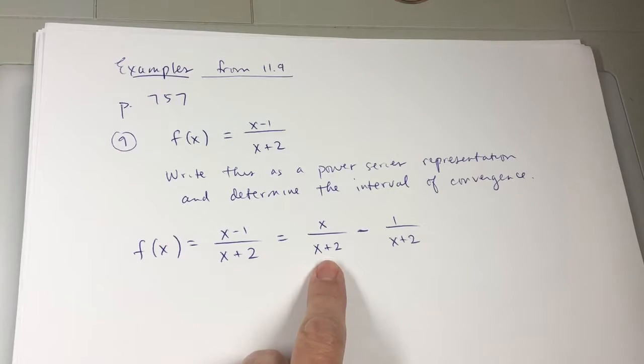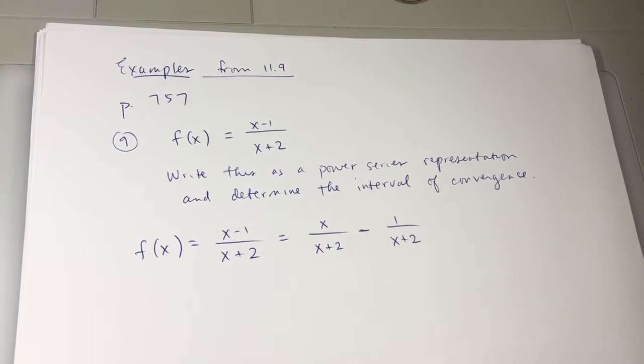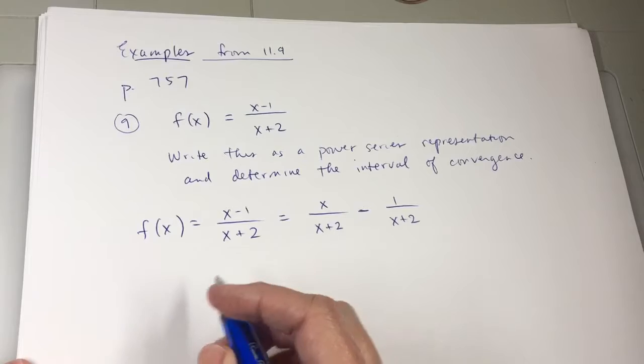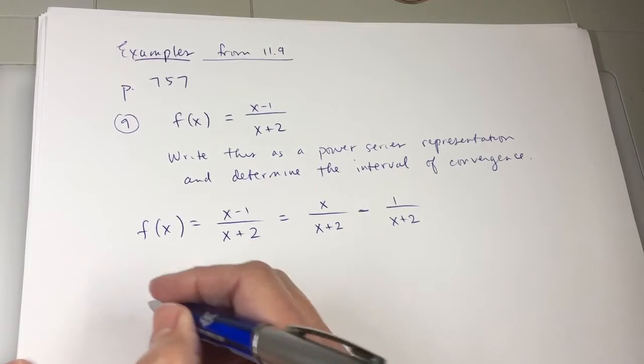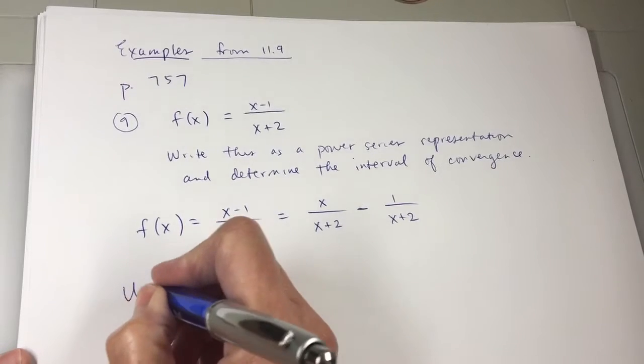So I want to write the first fraction as a power series representation, and I'll write the second one as a power series representation. And for this, we're going to use this nice little formula. The book shows this with an x.